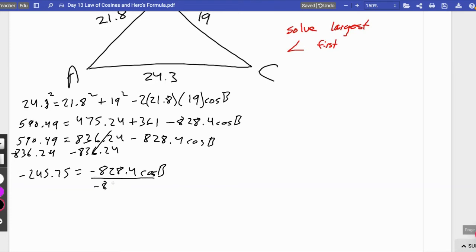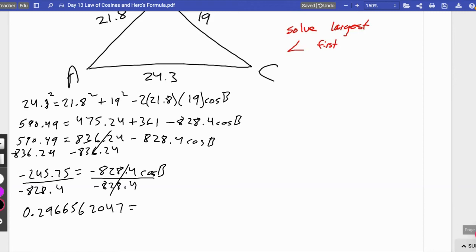So we'll do that to both sides. So our previous negative 245.75 divided by negative 828.4. And you should get some decimal here. I got 0.2966656. Writing all these out just because I want to maintain some accuracy, so we don't all get different answers.